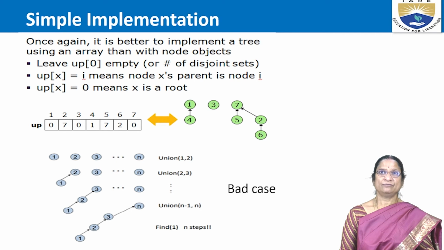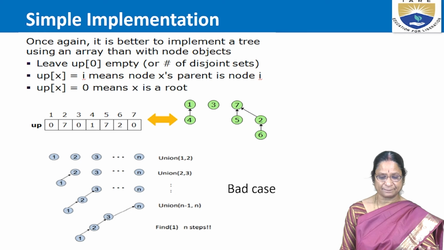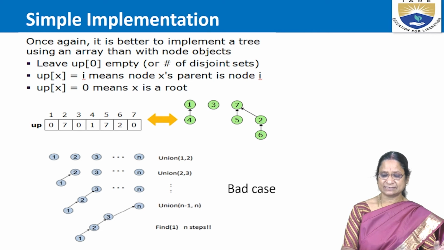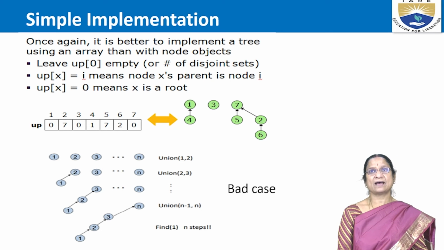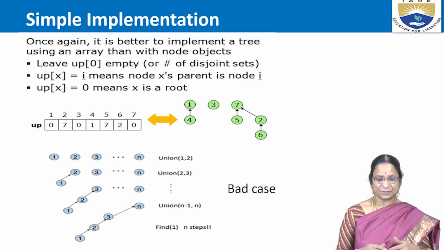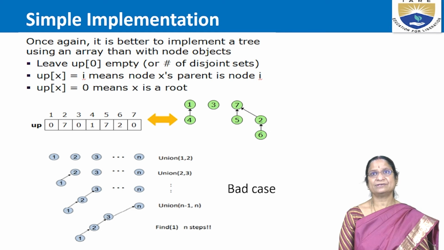Using an array with node objects as elements. Let us assume that we are using an array up having 7 elements, because here we are having 7 elements, so the size of the up array is 7, starting indexing value is 1 to 7.